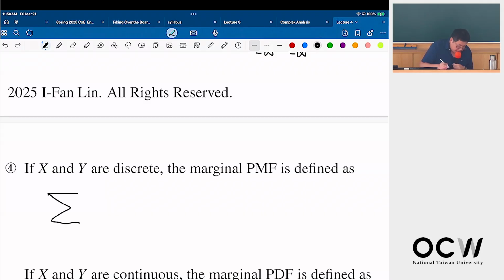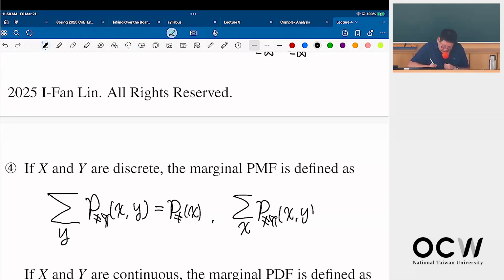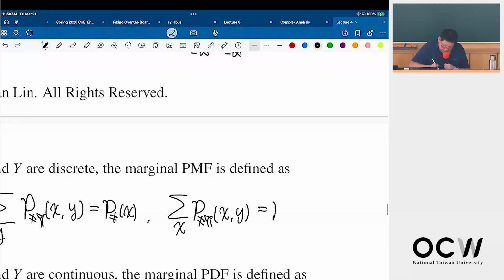So I just sum y out, and then you get the PMF of x. If you want to find the PMF of y, that means you don't want x, so you sum x out, and then you get the PMF of y.